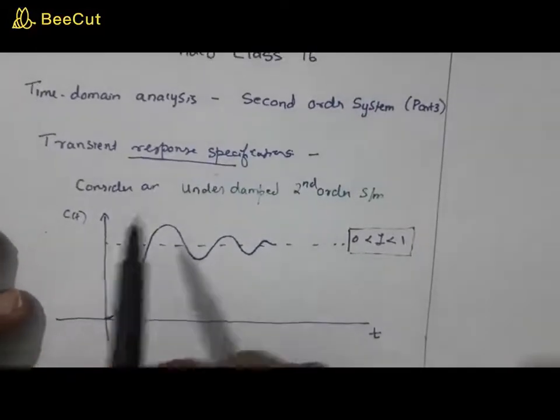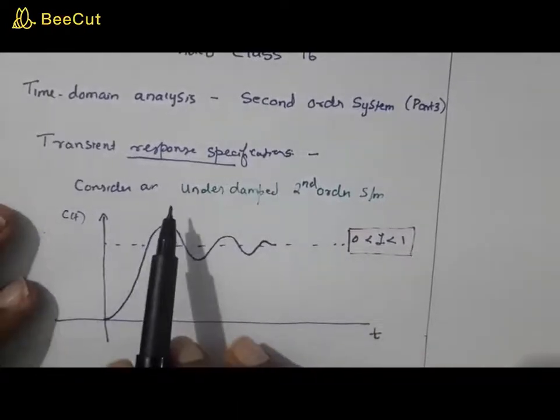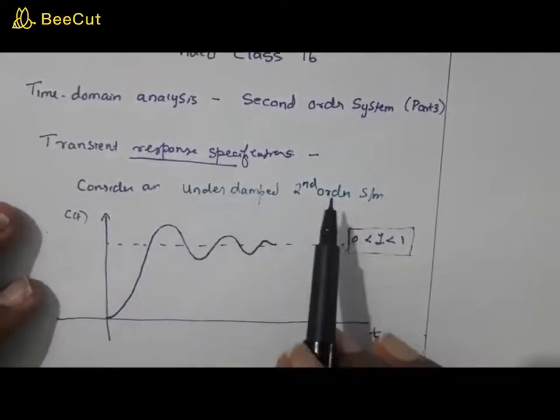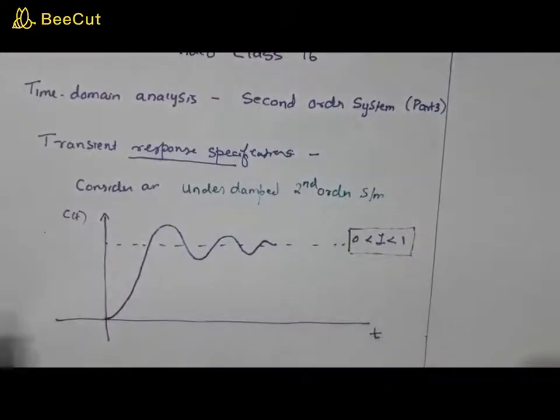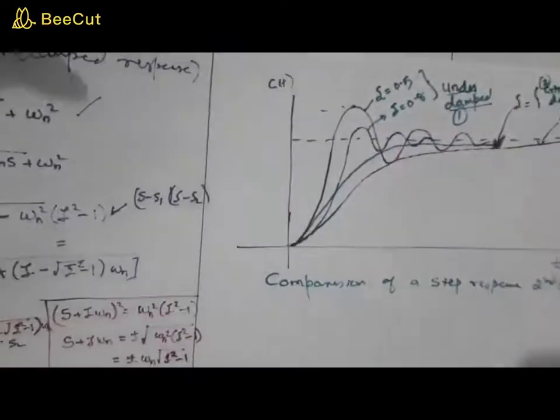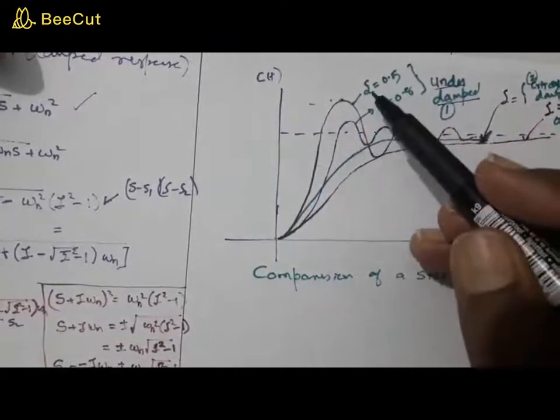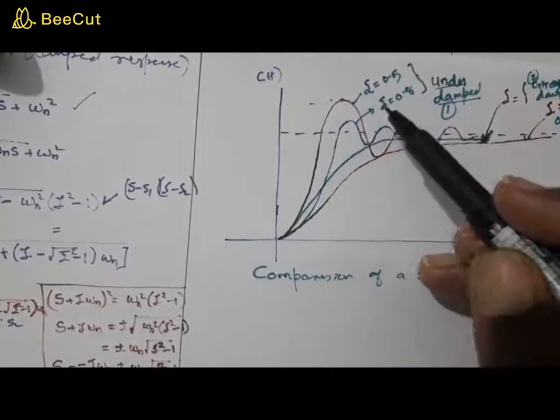Okay, now to study the transient response specifications, I'll be starting by considering an underdamped second order system, as we have studied. Now, what is the meaning of an underdamped system? An underdamped system is a system whose response looks like this, and zeta lies between 0 and 1.